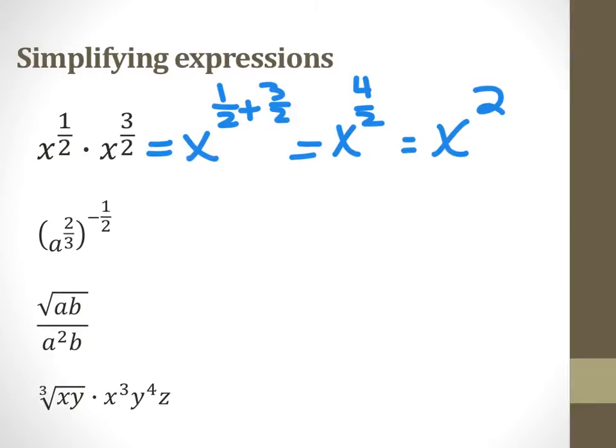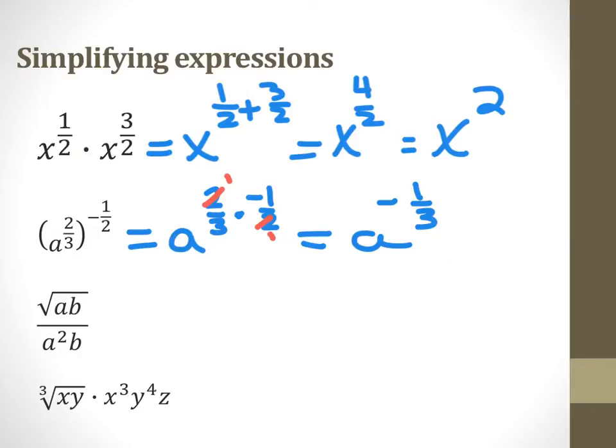For the next one, we use the power rule, the basic power of a power. So when it's on the outside of the parentheses, you multiply it in to that exponent. So you get a to the 2/3 times negative 1/2. That exponent can be simplified. These 2's divide out to give you then a to the negative 1/3.